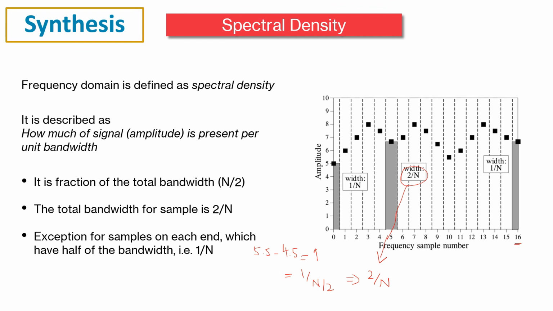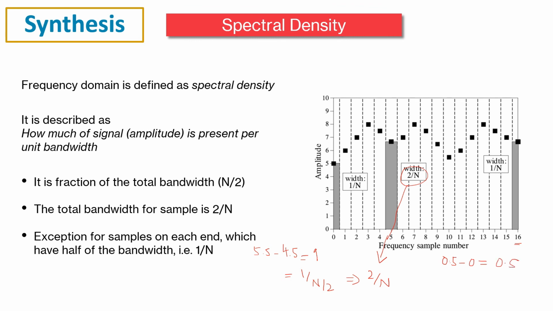But the first and last ones have half of it. These do not have any bandwidth on the other side. The last one does not have any on the right side, and the first one does not have any on the left side. So this one is half, from 0 until 0.5. So 0.5 minus 0 is equal to 0.5.